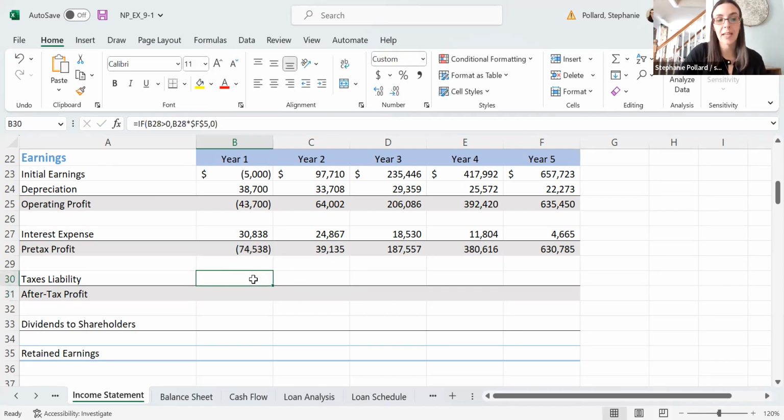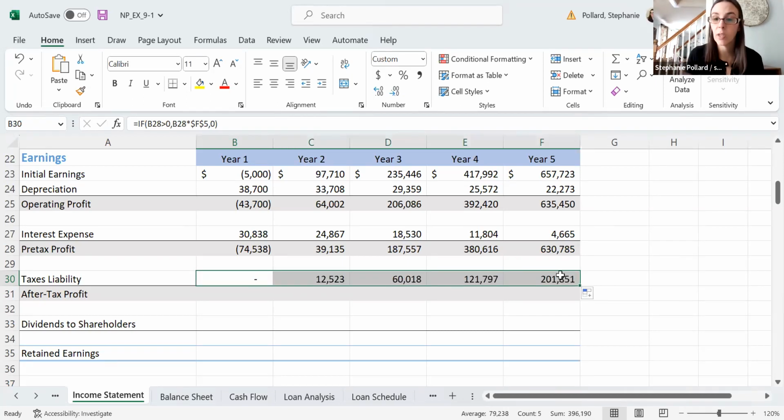So that's why for this one, you're getting $0. We're not paying any taxes that first year because, at least according to our chart, we're going to have a negative income. And we can copy that over. So it looks like in our final year, our taxes would be around $200,000.